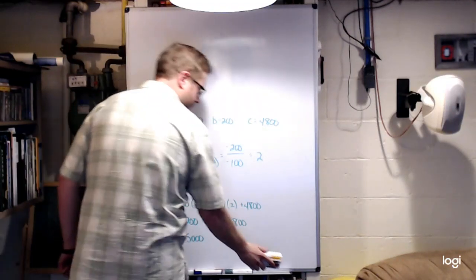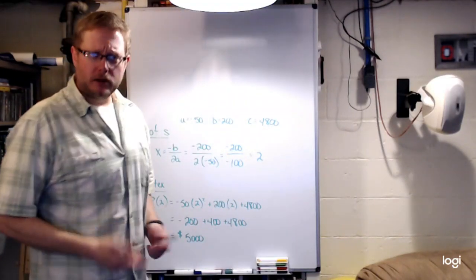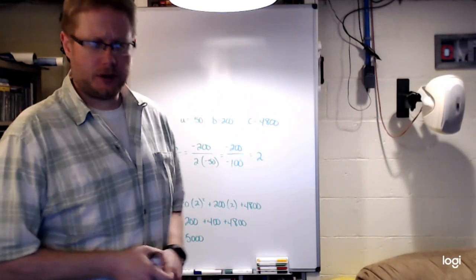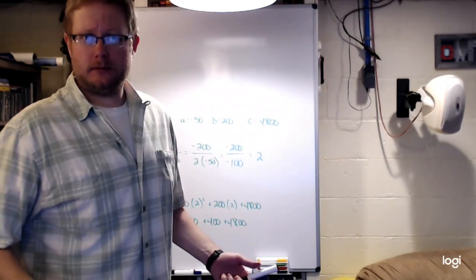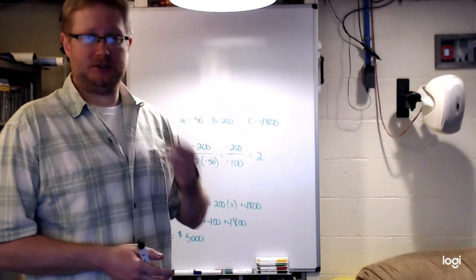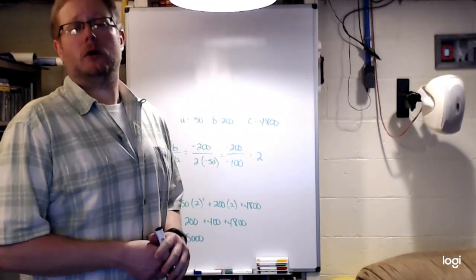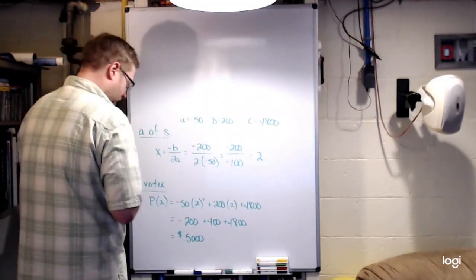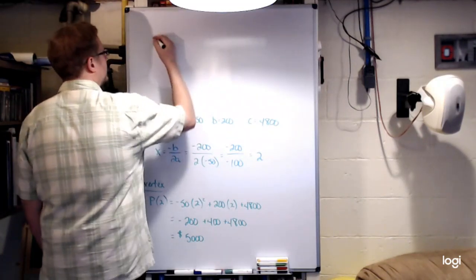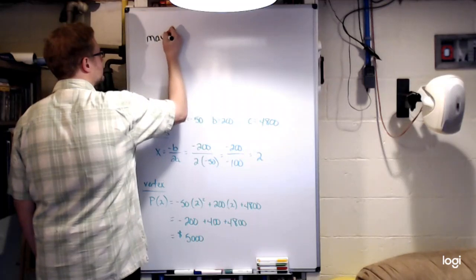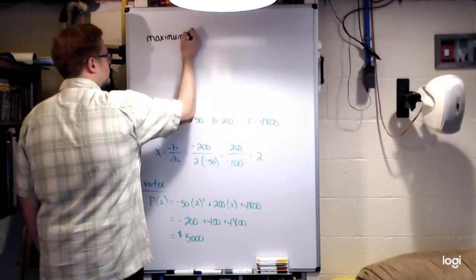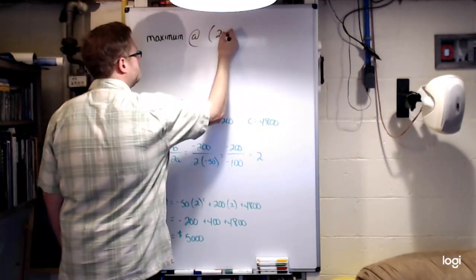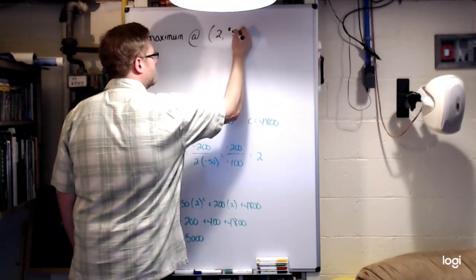Just a friendly reminder too, at any point, if you're working on this stuff and you're watching my videos along with it, pause it. Pause it at points where you need to just take a breather or get a little extra help. That's fine. But what does that mean? It means in this case you're going to have a maximum at 2, 5,000.